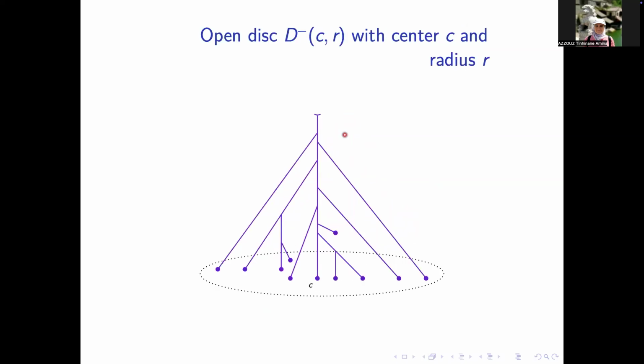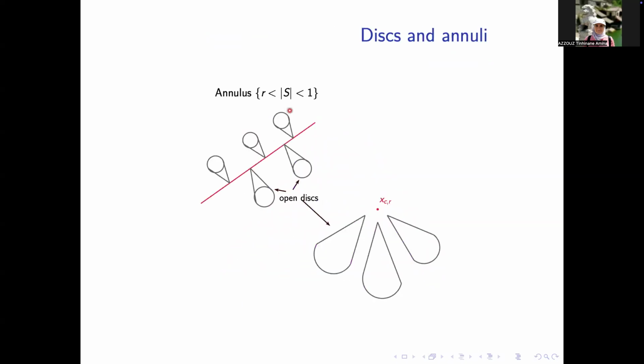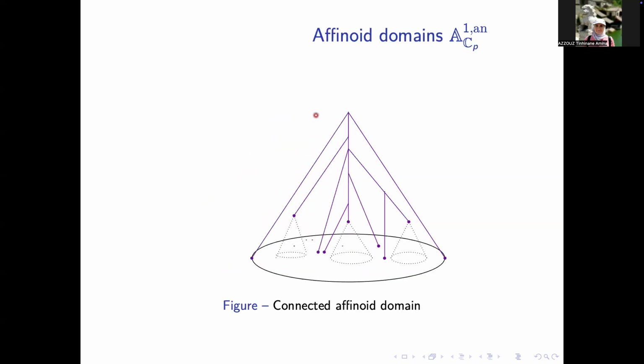To see it well, if I take off a disk here, then there are many disks. For the analogous open one, we have a branch here, and for each point we glue other open disks. We can see it like that, or just like that, where we remove only one disk.